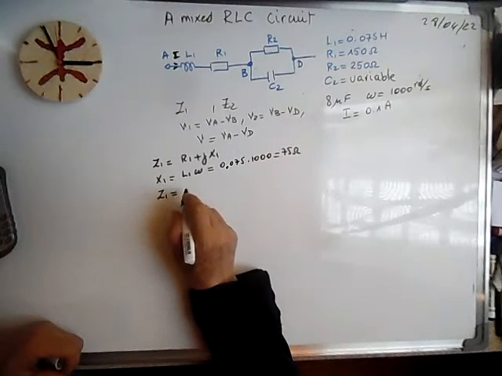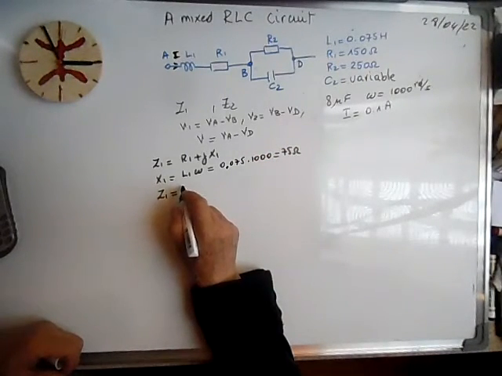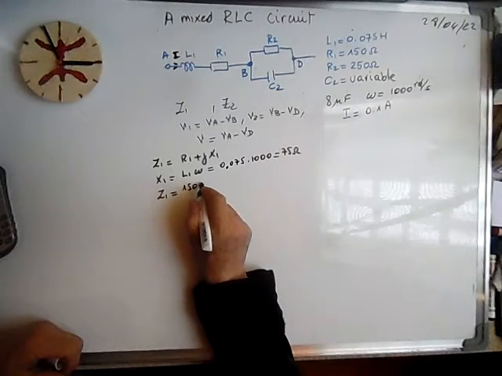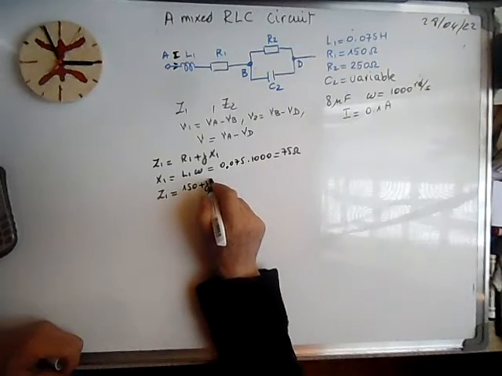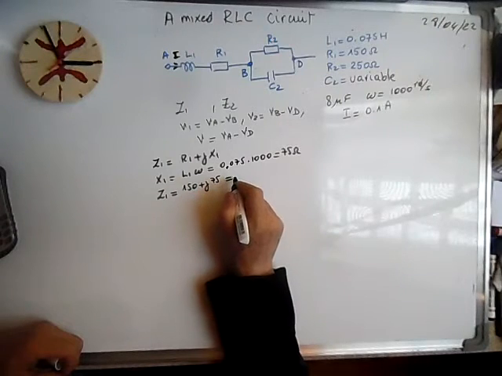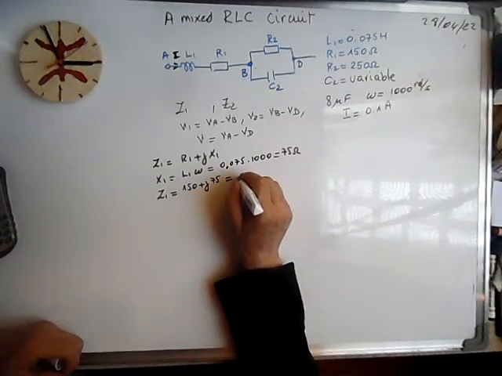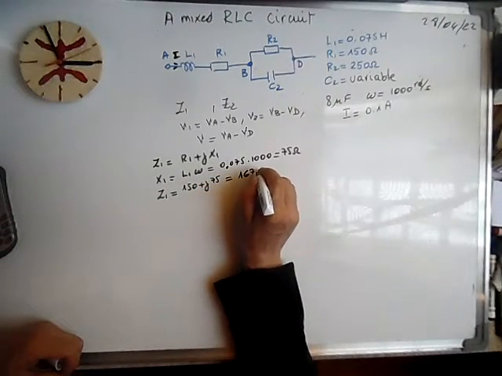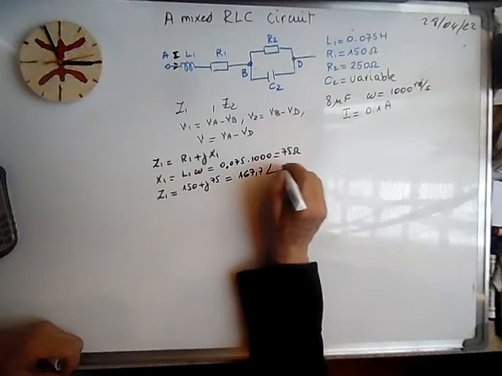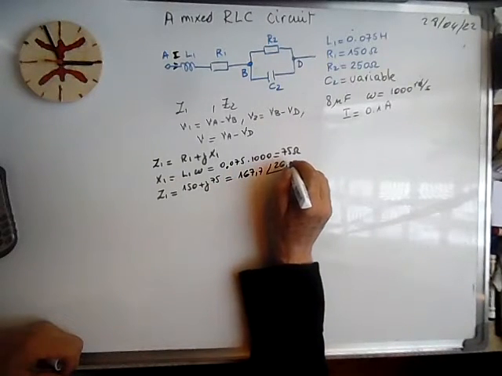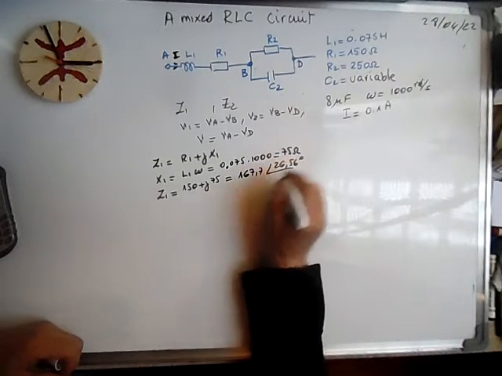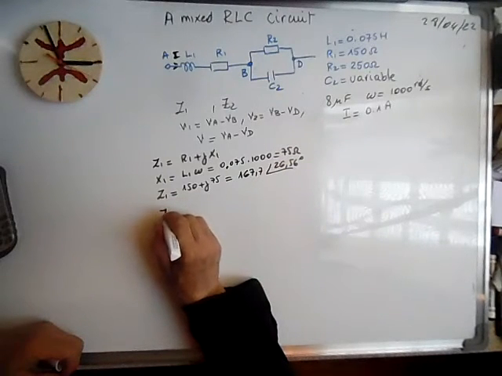Z1 is equal to 150 plus j75, and in polar form it's 167.7 with an argument of 26.56 degrees.